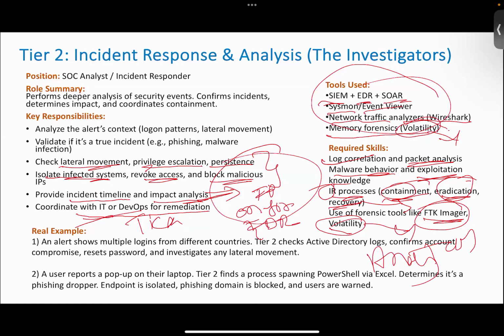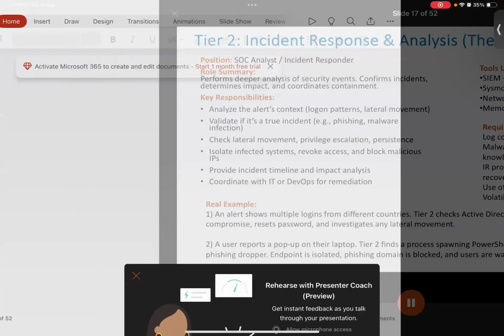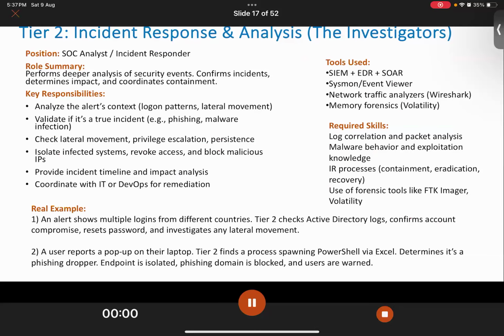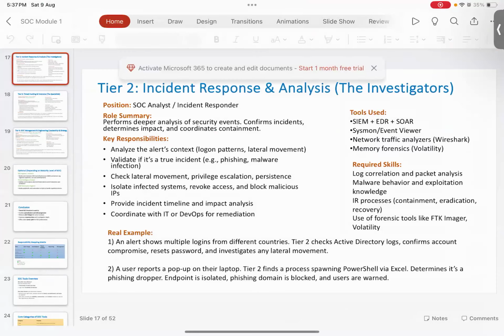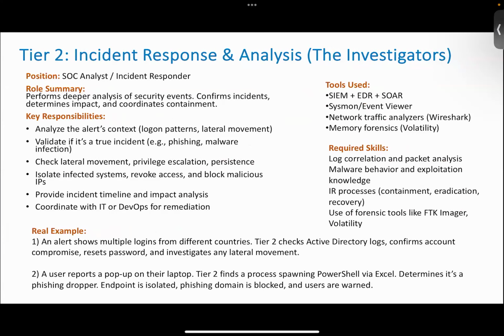Okay, below are a few examples we discuss. In this example, an alert shows multiple logins from different countries. Tier 2 will check the Active Directory log and confirm account compromise, meaning somebody has tried to gain access.